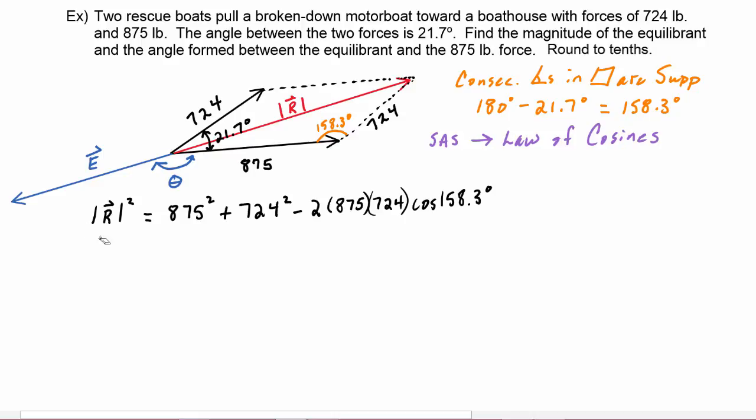Because we had the magnitude of r by itself over here, we had to have its opposite angle as the bookend.